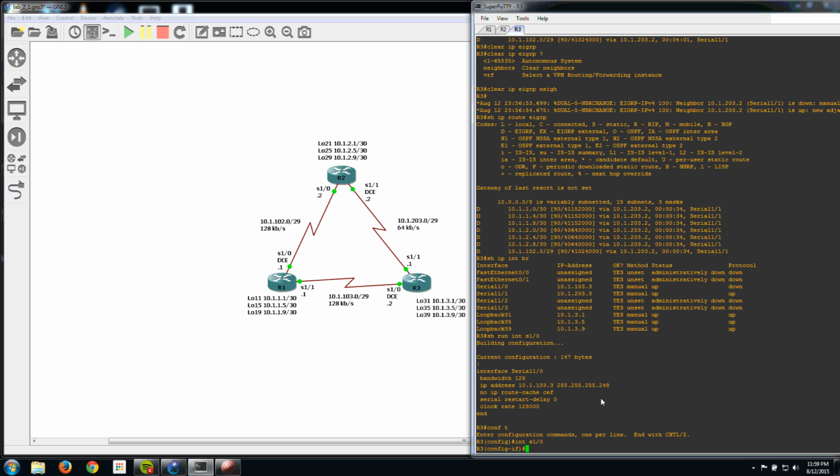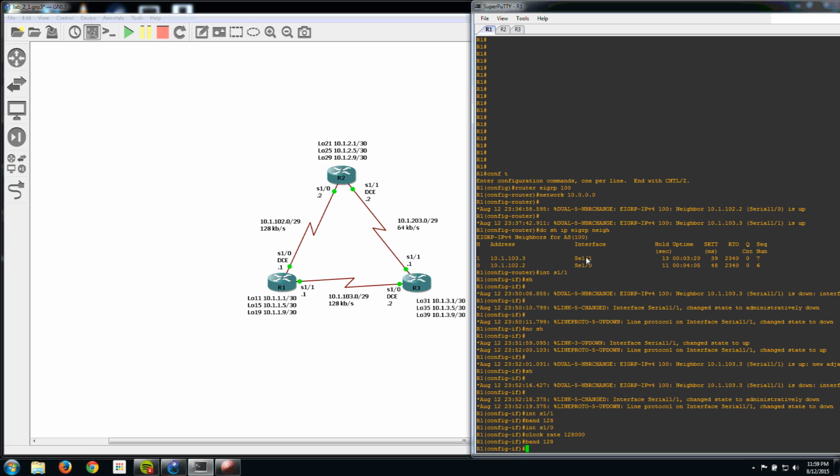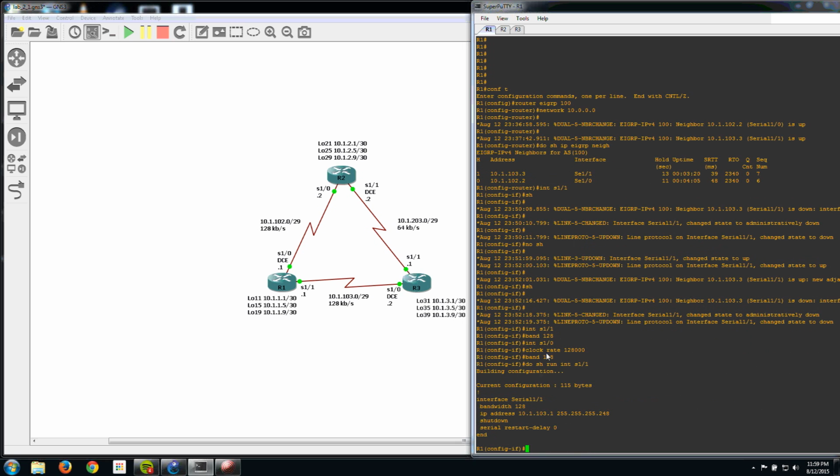Alright. Bandwidth, so let's look at S11 on router 1. Show run at S11. Huh, that's interesting because that was up.